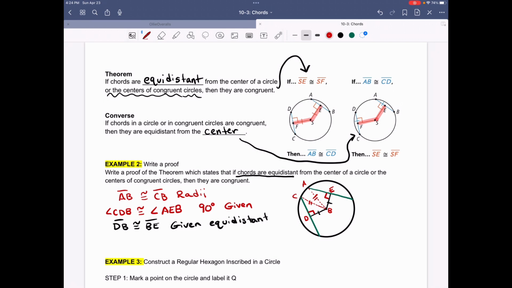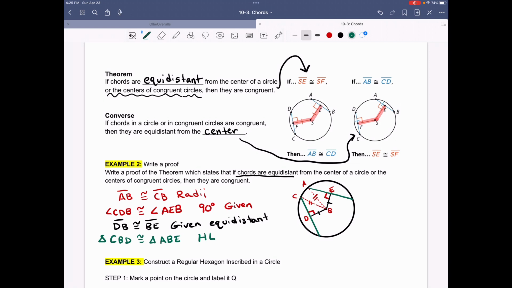So that means that triangle CBD is congruent to triangle ABE by hypotenuse leg.